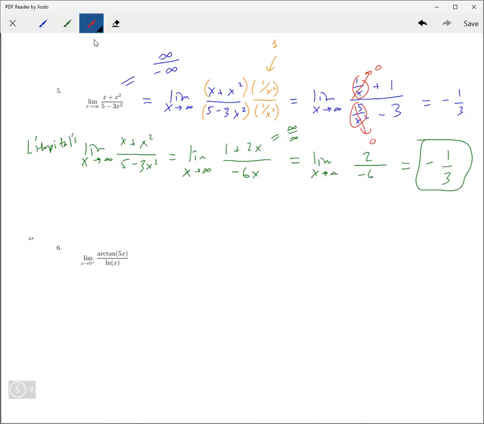Let's look at the next problem, number 6. You're taking the limit as x approaches 0 from the right of this. The inverse tangent actually goes to infinity as you approach from the right, and the natural logarithm goes to negative infinity. So L'Hopital's rule can be applied.